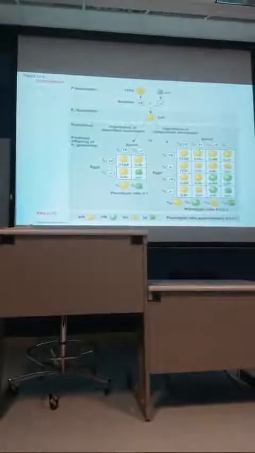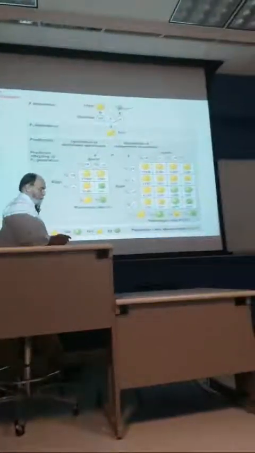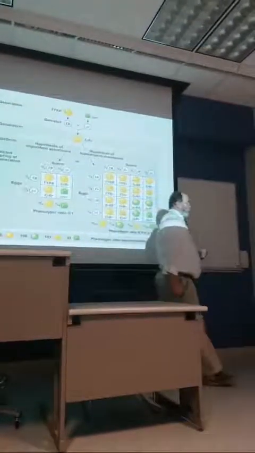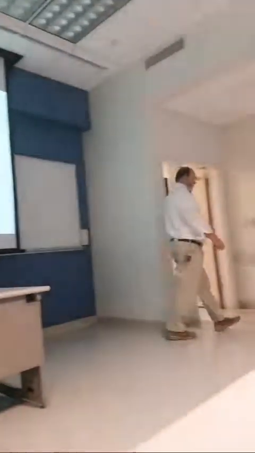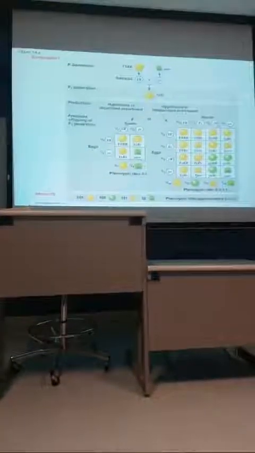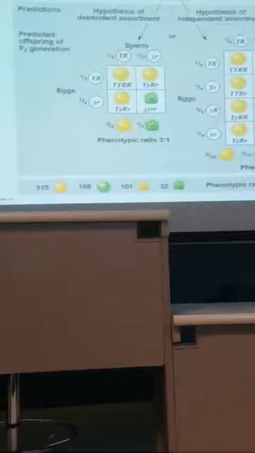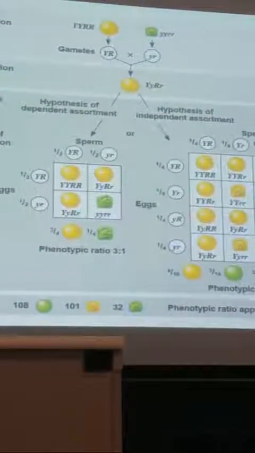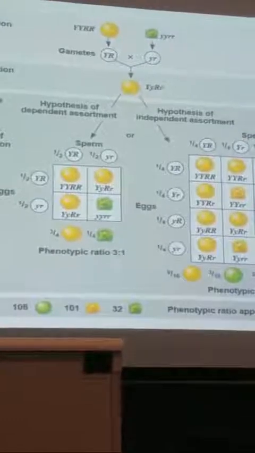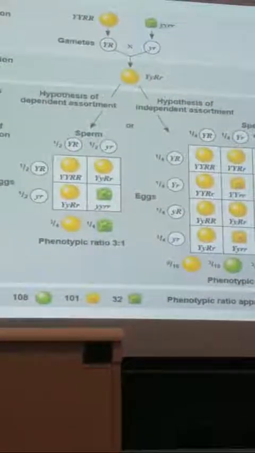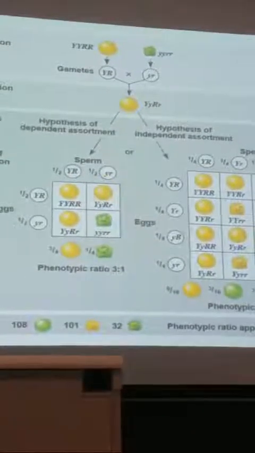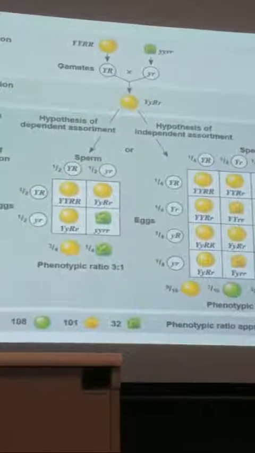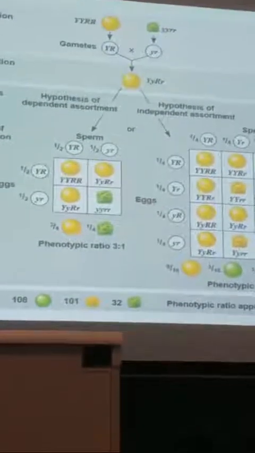Now, walking through this, we have 2 pure breeding parents. This parent is homozygous dominant, both for color, which is yellow, and for seed shape, which is wrinkled.